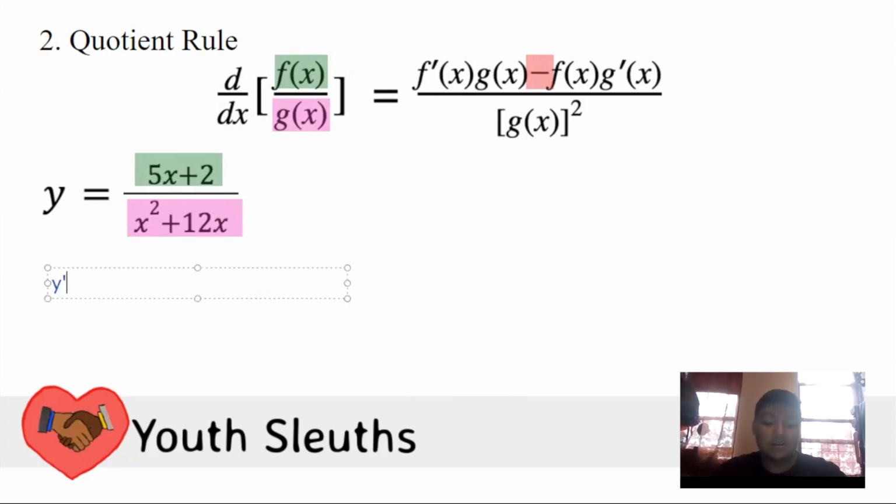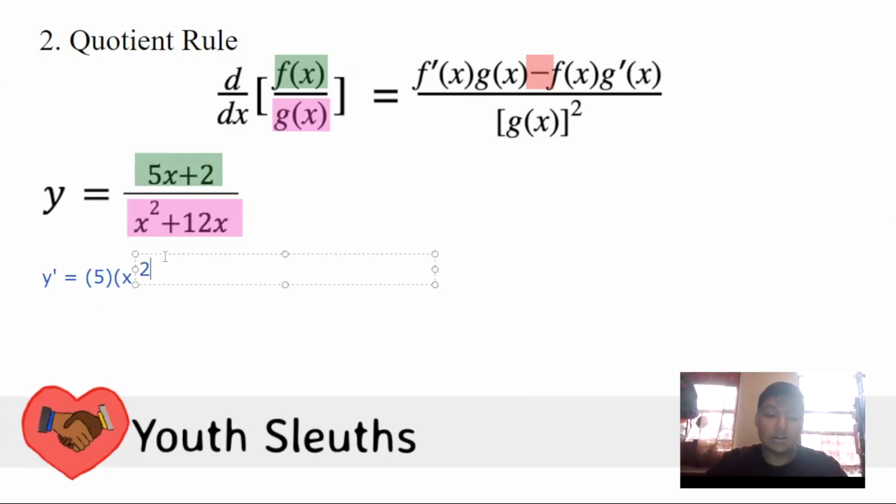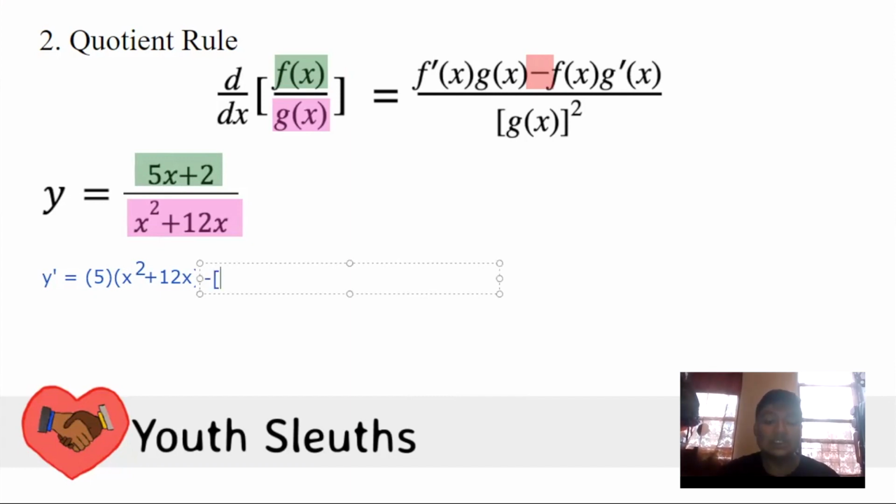So we start with y prime equals, first we derive 5x plus 2, which is 5. And we multiply that by x squared plus 12x. Now, after that, we subtract, and we have to keep whatever's to the right of it in a big bracket, because the mistake that students make is that they forget to distribute the negative to all of f of x times g prime of x.